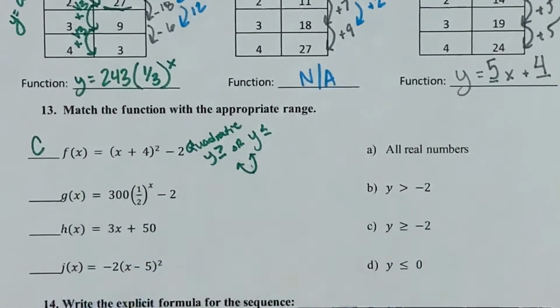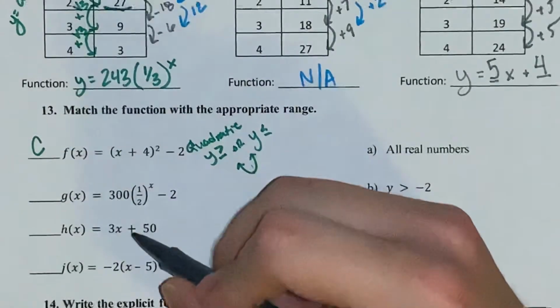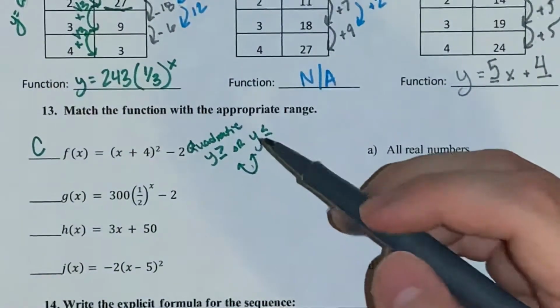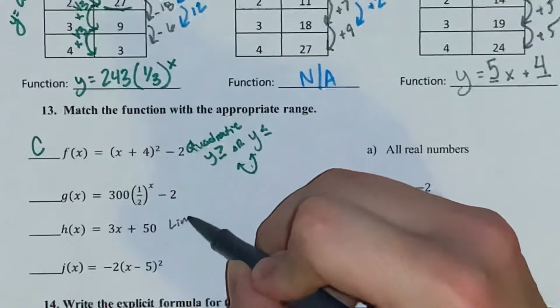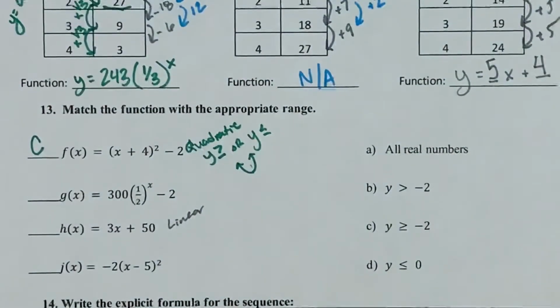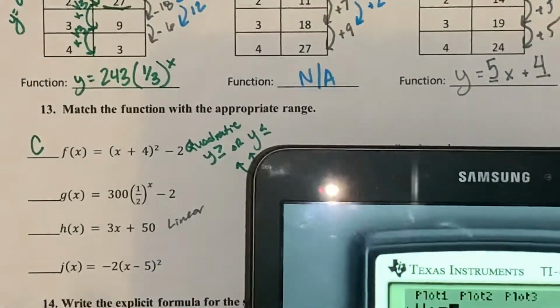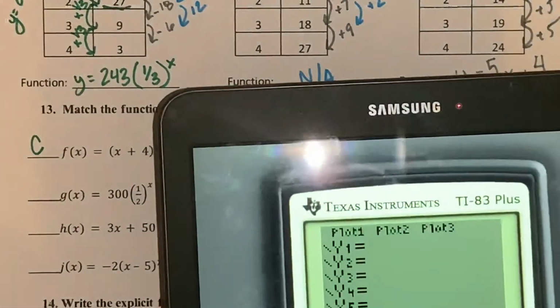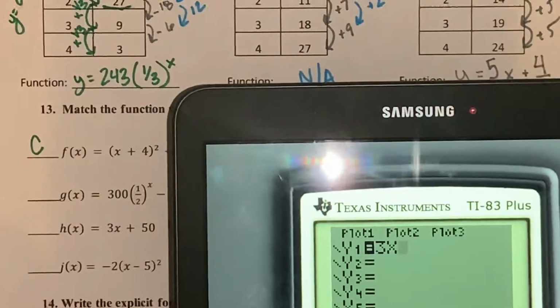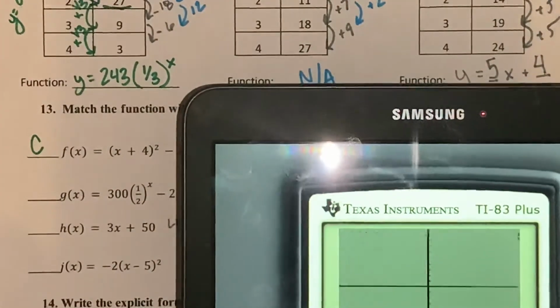3x plus 50, well, you should see that this is basically y equals mx plus b form, which is a linear function. And a linear function is always going to have a range of all real numbers. So if you don't believe me, you can plug it in. Y equals 3x plus 50, and then hit the graph.